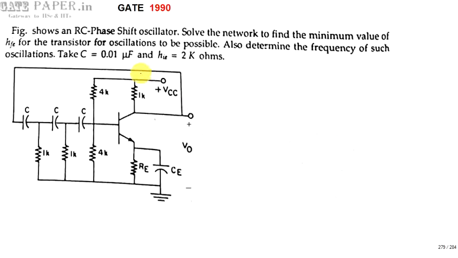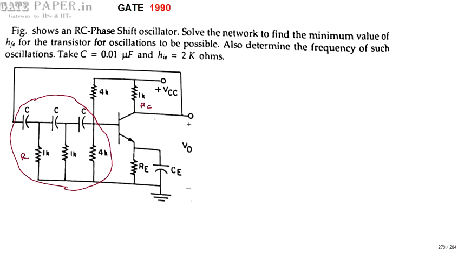Generally this is going to be treated as R, and this is C. So this will be treated as the feedback network. The feedback network also consists of one more R, which you will not get from this 4K.